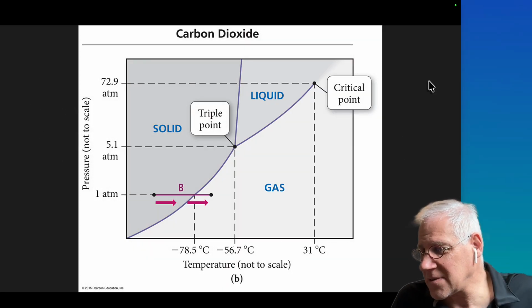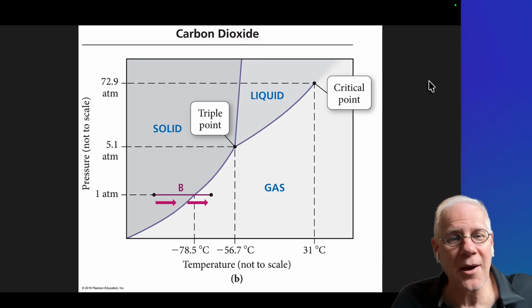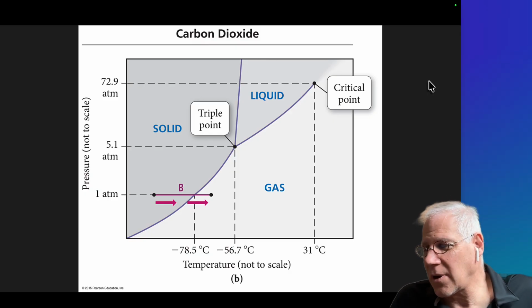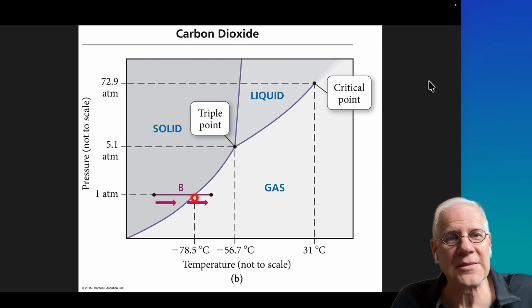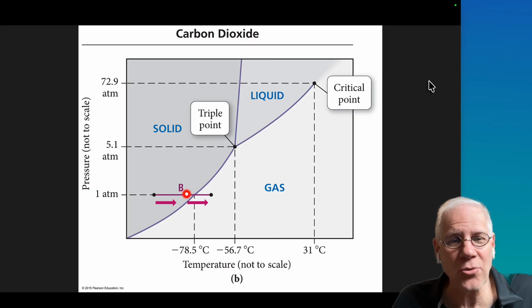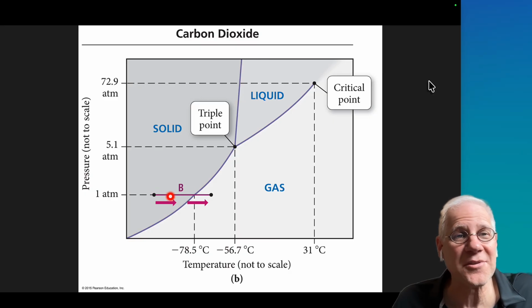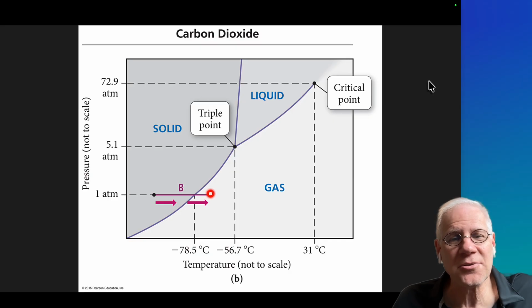Well, here's our phase diagram for carbon dioxide. At 1 atmosphere, you have to get pretty cold. You've got to take it down to minus 78.5 degrees Celsius just to get it into a solid state. Any colder than that, and it's just a solid at a colder temperature. Any warmer than that, and it turns directly into a gas.